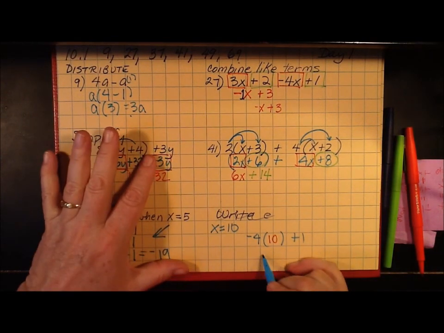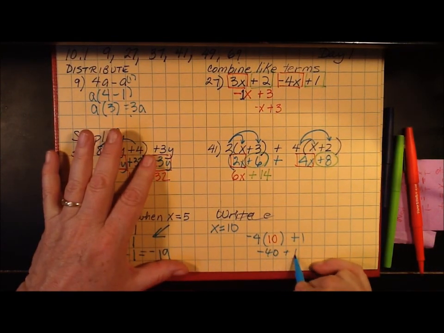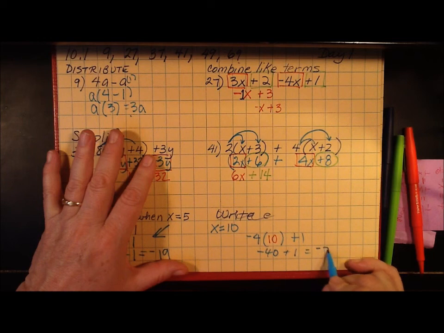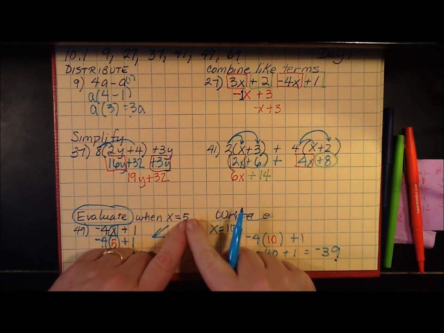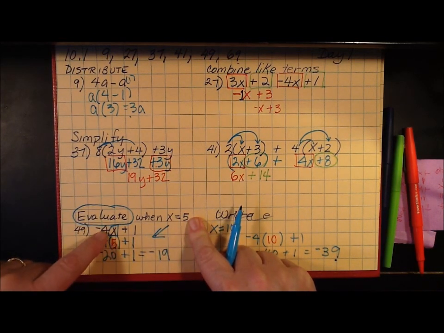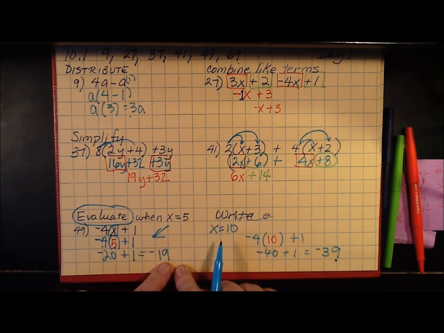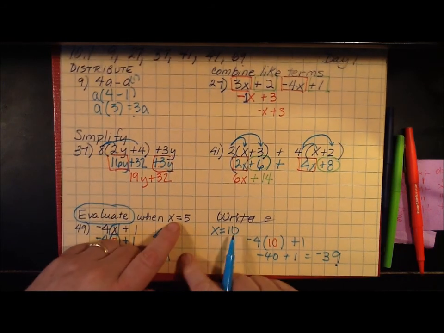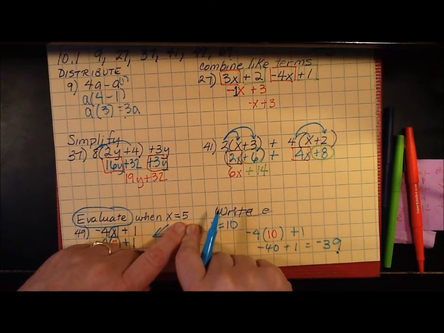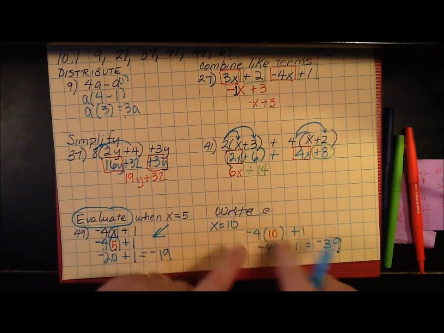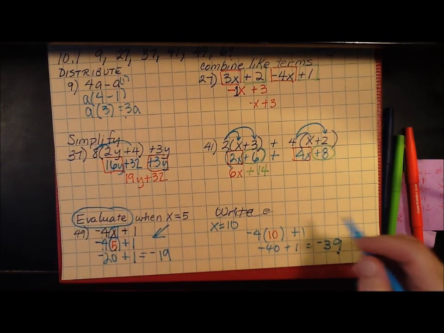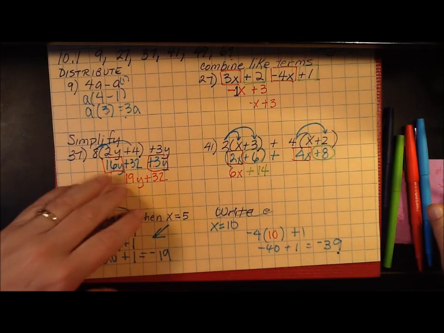So I'd have negative 40 plus 1, and my answer, if x equaled 10, would be negative 39. Here, when x equals 5, the answer is negative 19. So you can see that as x varies, the answer varies. As x changes, the answer changes. And that's why we call them variables.